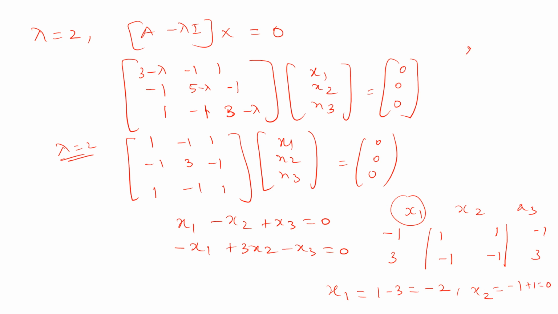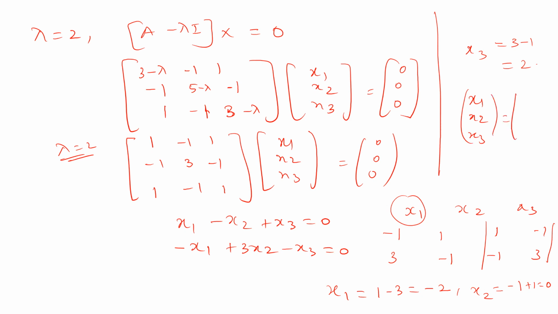And when you are finding x3, take the determinant of this one, which is 3 minus 1, equal to 2. So the eigenvector x1, x2, x3 is: x1 value is minus 2, x2 value is 0, x3 value is 2.